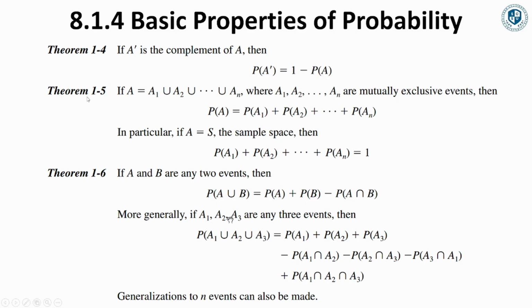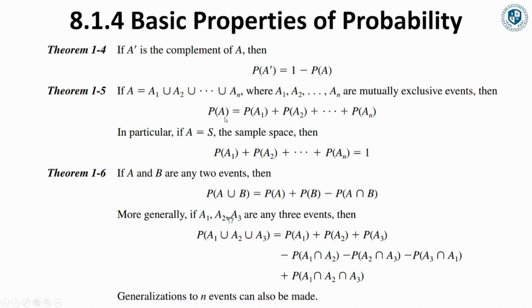Theorem 1.5. If event A equals event A1 union event A2 union other events until event AN, where events A1, A2, until AN are mutually exclusive events, their intersection is the empty set, then probability of A equals the summation of all events.